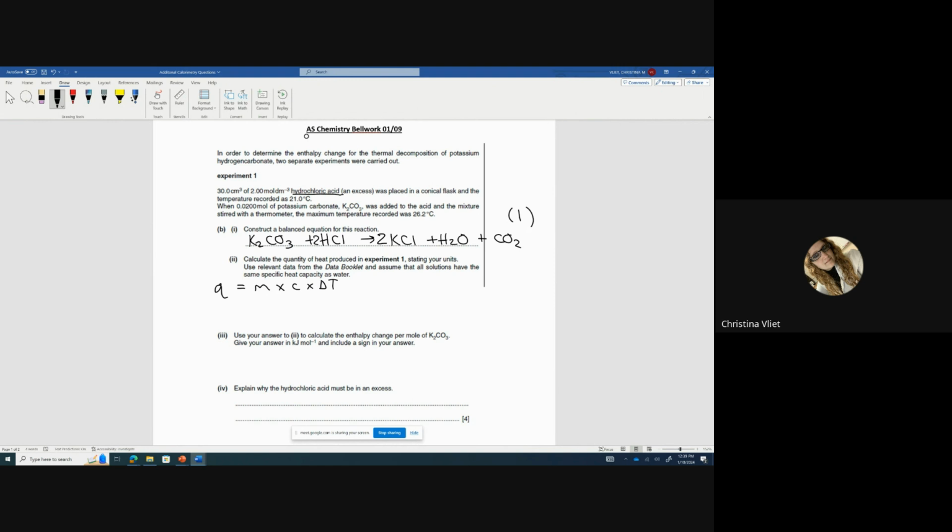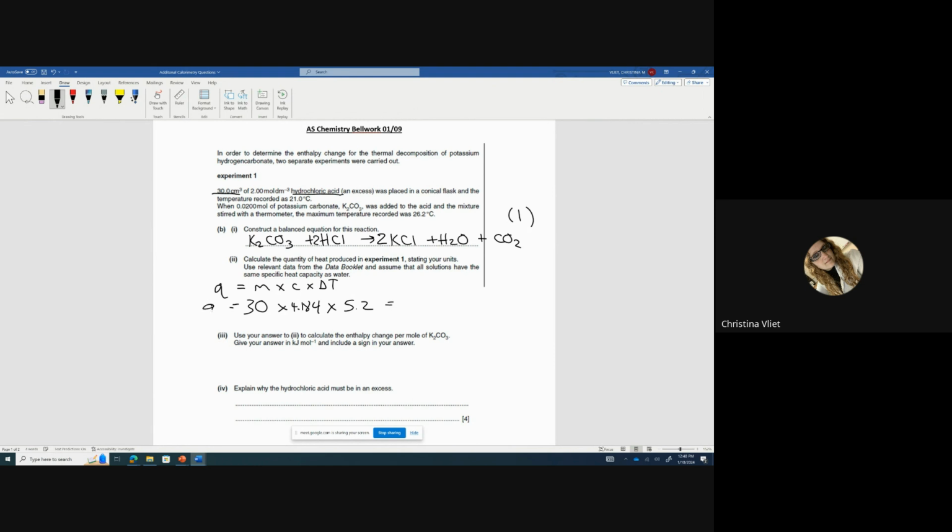So what is our mass here? 30. Remember, the volume is actually the same as the mass. You only add together the volumes if it's a neutralization, which I'm going to explain today in the quick lesson to explain the lab. Times 4.184. I saw many of you did get this correct. And times the change in temperature. The change in temperature is 26.2 minus 21, or just 5.2.